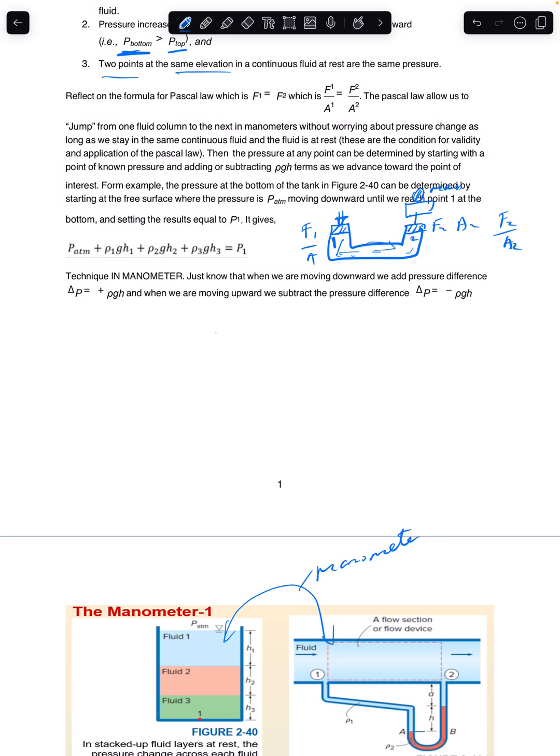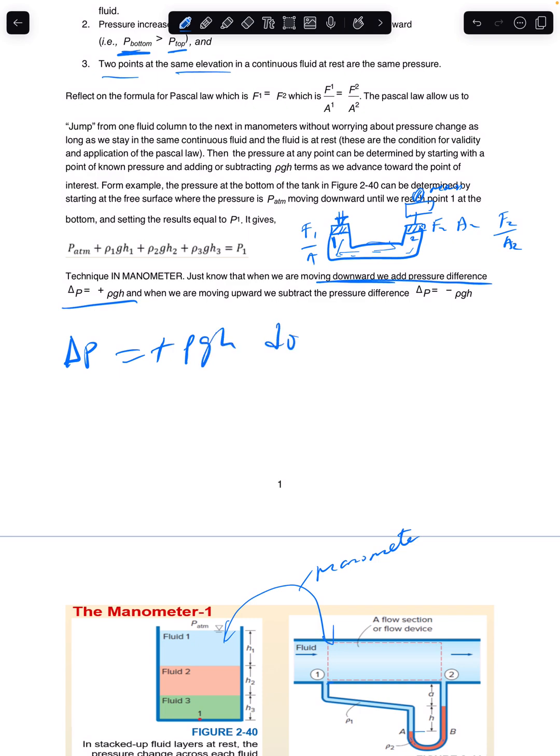So, but let us look at this context. So the technique to solve problem here is very, very clear. For manometer, when the fluid is in the manometer, we have to pay attention to the direction in which the fluid is moving. If the fluid is moving downward, the pressure difference is positive. So this change of pressure for fluid that is moving downward is positive.